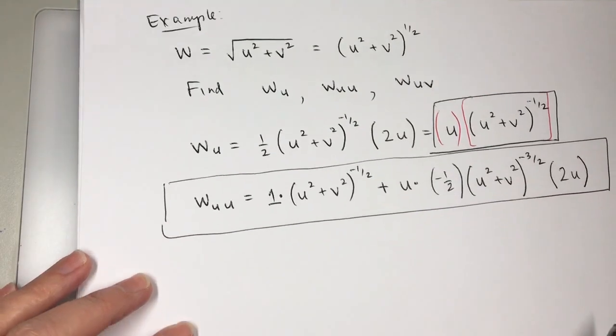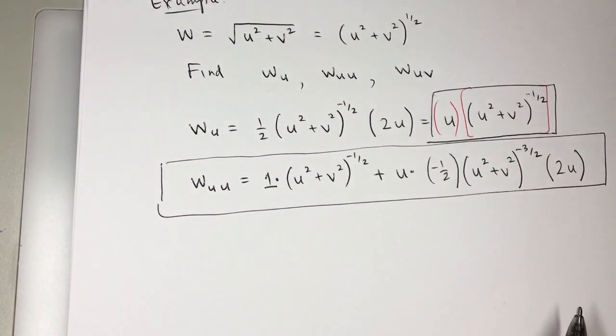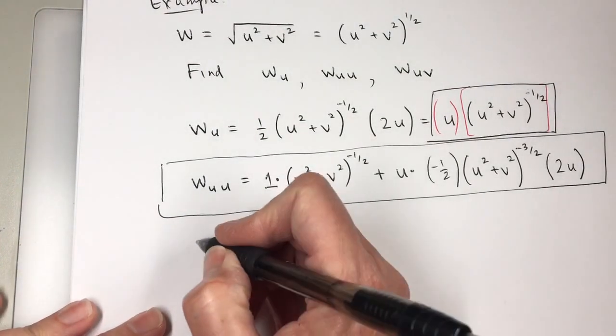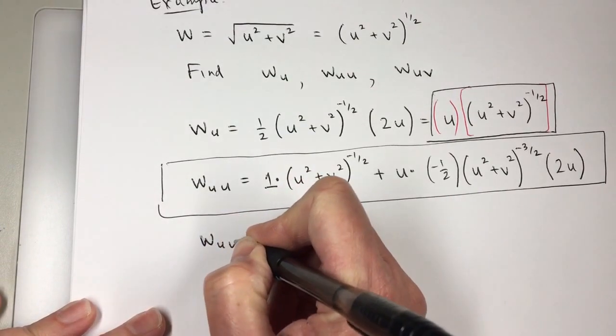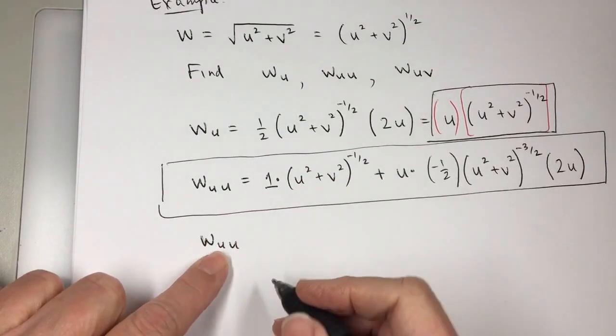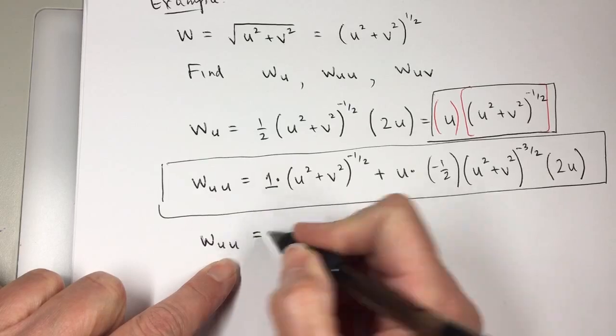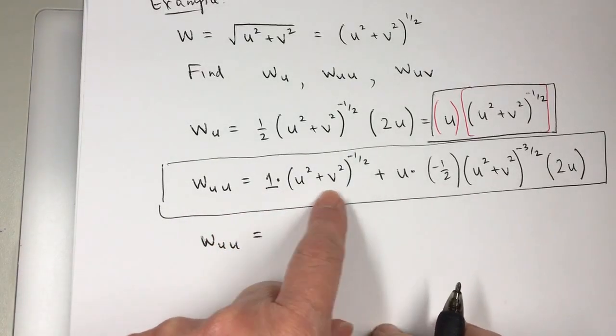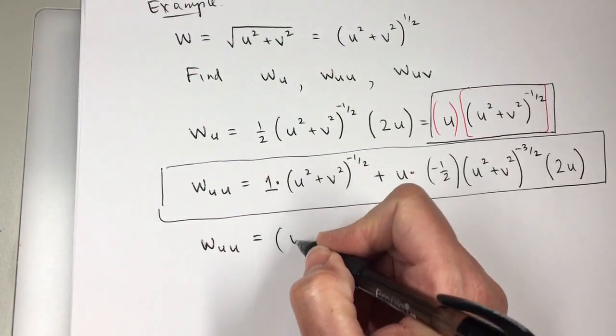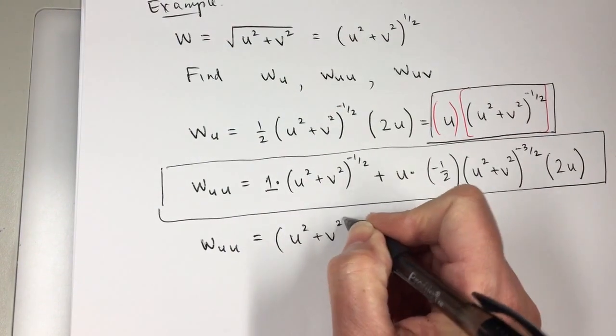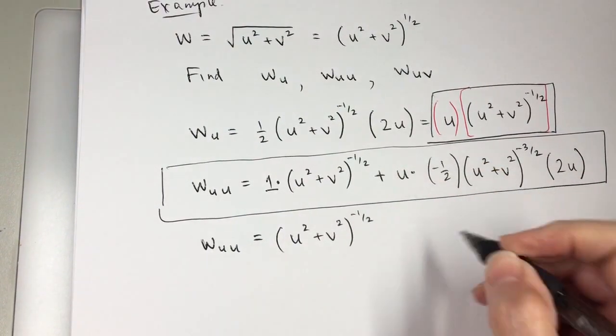I'll clean it up. Although if I put a box around something, if you got that far on the test, to me that's full credit. So if I simplify it a little bit, this partial derivative of w with respect to u and then u again, 1 times, well that's just u squared plus v squared to the -1/2.